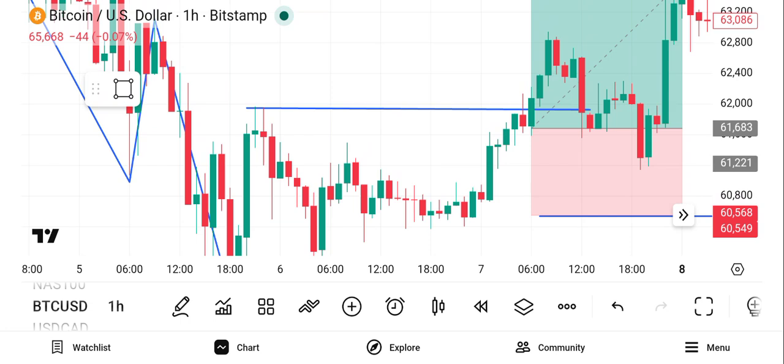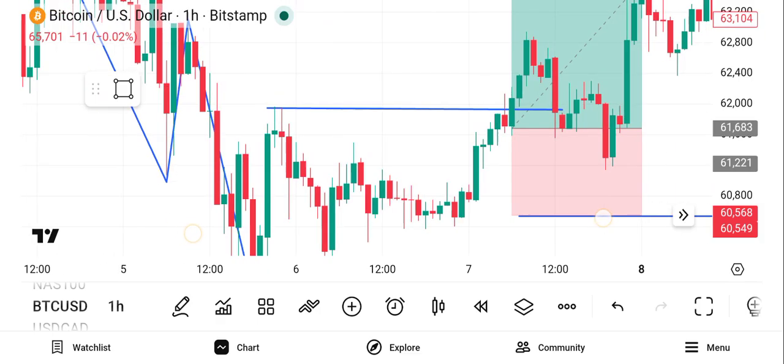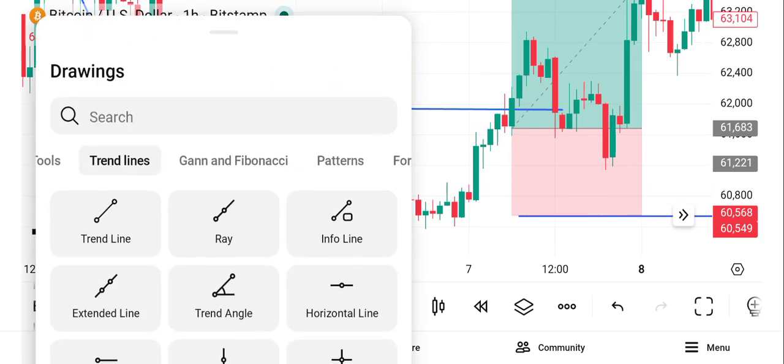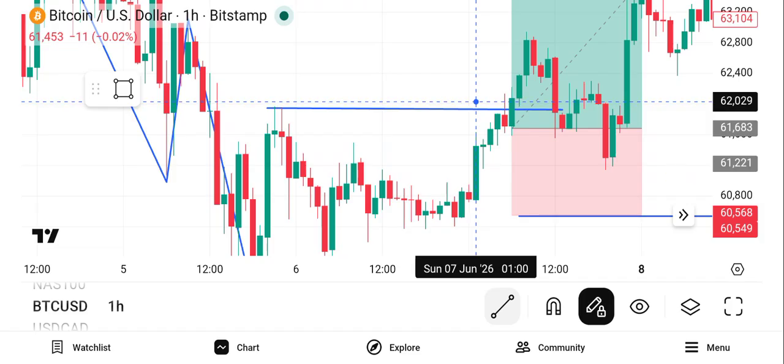And I'm going to tell you and show you what a valid pullback is all about. A valid pullback after a market structure shift. That means you cannot get an inducement before a market structure shift. Your inducement will always come after a market structure shift. All right, so now we have gotten our market structure shift. What is the first valid pullback that we have now?